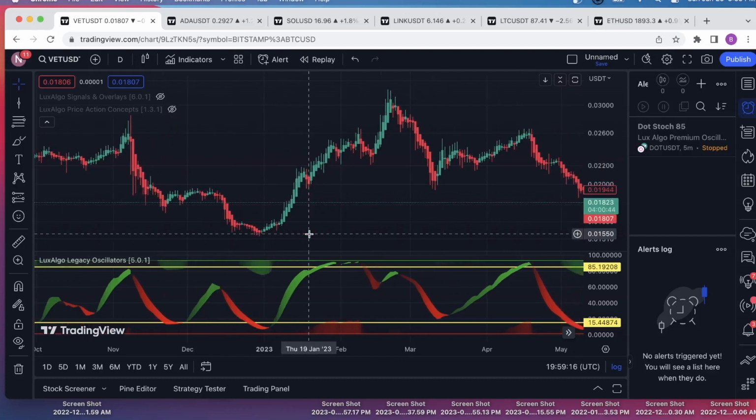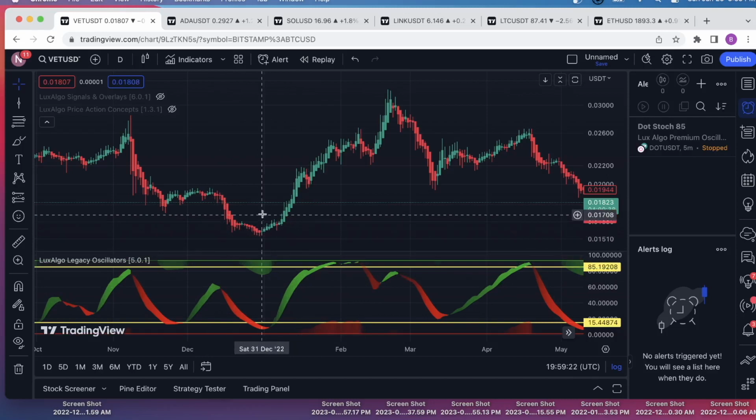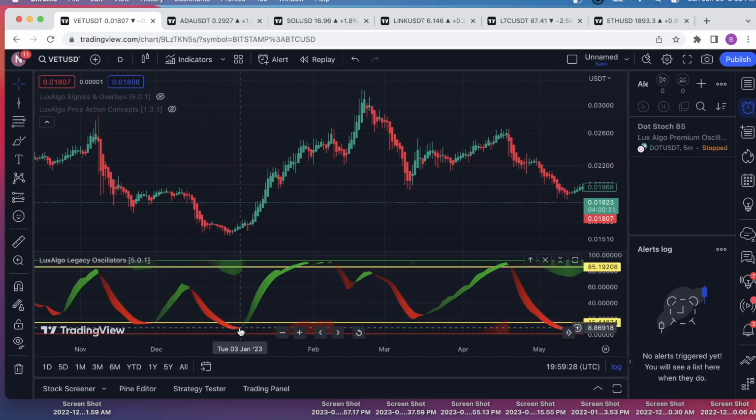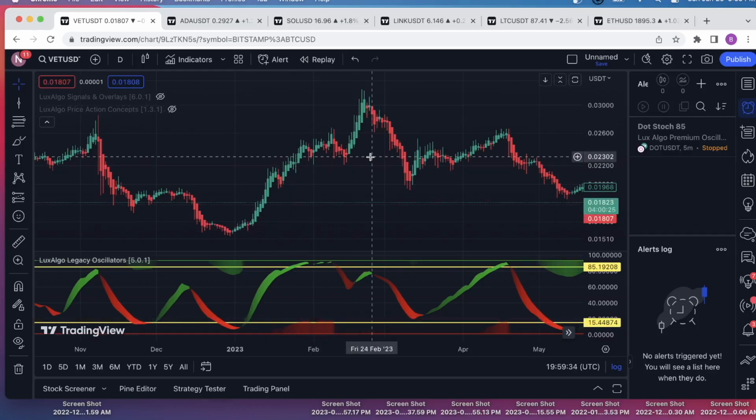Actually, the oscillator is following the price, but I find it still gives me a good idea. Now again here, you see this oscillator turns red, switches to green about here, comes up, and then look what happened out of here, right?